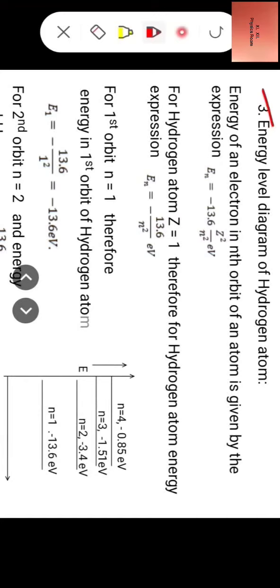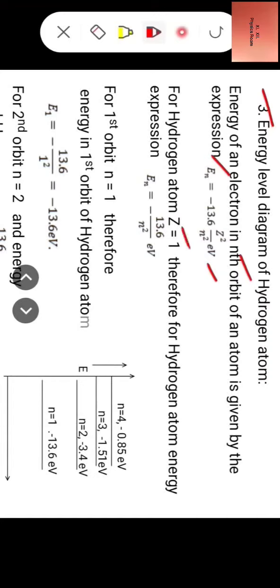Energy of an electron in nth orbit of an atom is given by the expression En is equal to minus 13.6 Z square by N square electron volts.